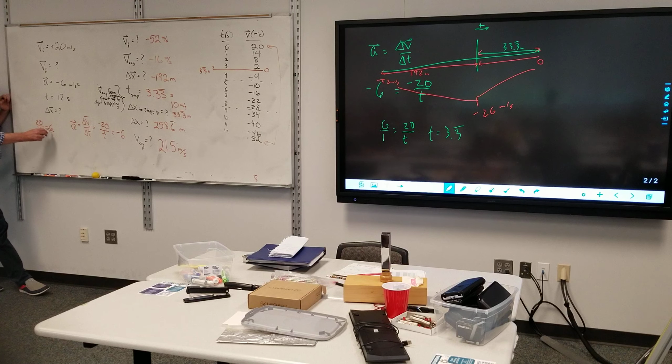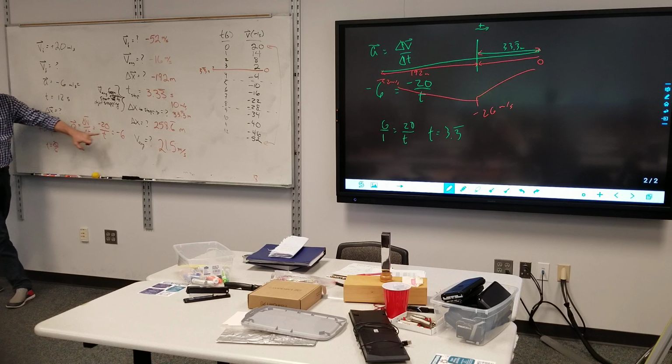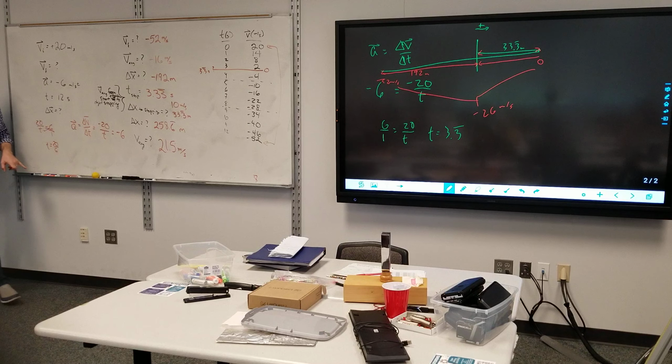So if I just flip those around, t would end up being 20 over 6. So officially, when I'm plugging into this formula, acceleration is negative 6, not time. But when you actually solve it mathematically, t is just the 20 divided by the 6. I hope I made that clearer. Yeah. Okay.